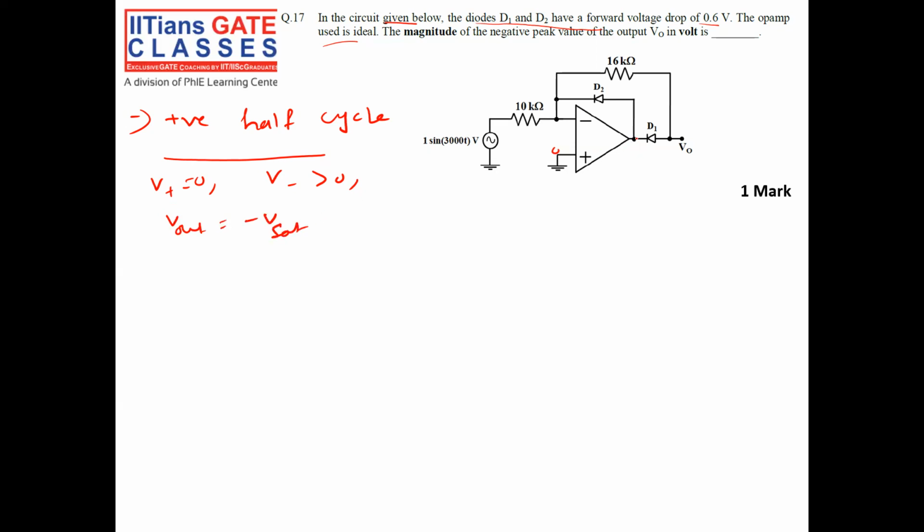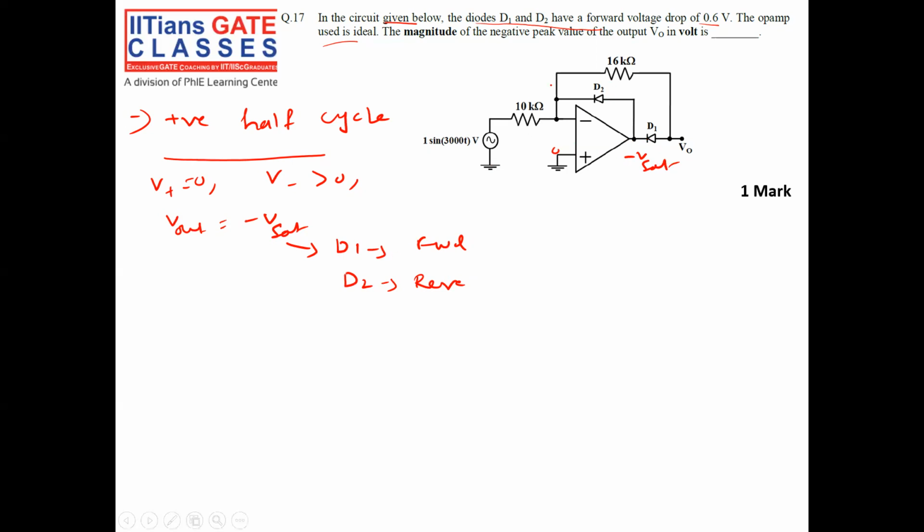Now, since I'll get minus V sat here, this will make D1 forward bias and D2 reverse bias. Negative connected to the cathode makes it forward bias.